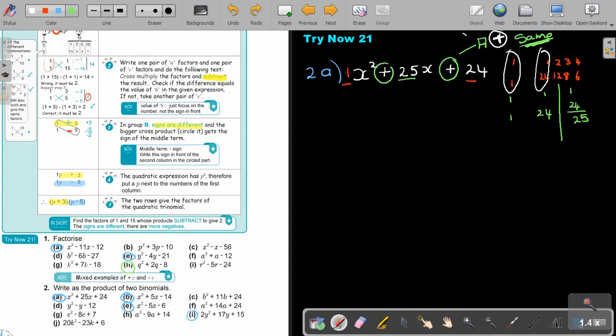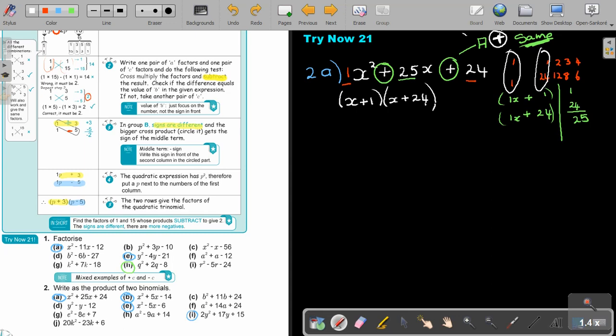And both take the sign of the middle. So what is that? Positive, positive. And then it's x squared, x. So this is going to be x, x, bracket, bracket. So the final answer is going to be x plus 1, x plus 24. Okay, and that's how you're going to do that.